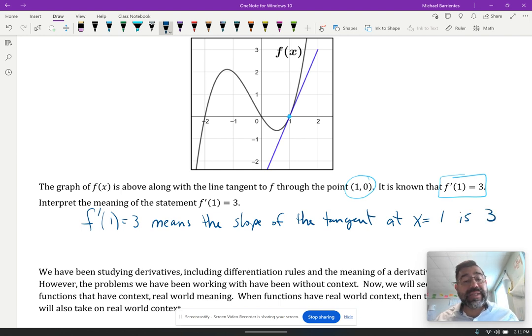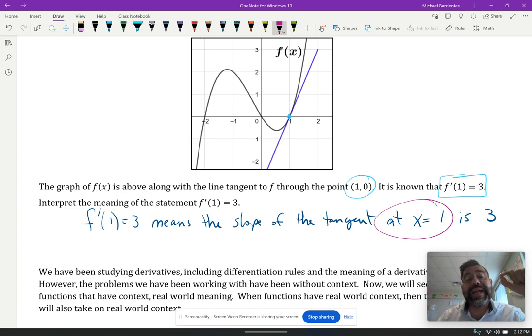So a couple of things we need to keep in mind. The slope of the tangent line is important because it tells us also that the slope of the curve at that one moment in time, at this instant when x equals 1, is also 3. So what's special about that blue point is that at that blue point, the curve function of f of x and the linear tangent line have the same y value, but they also have the same slope or the same rate of change.